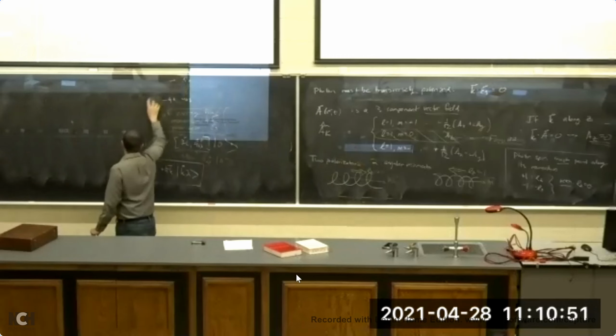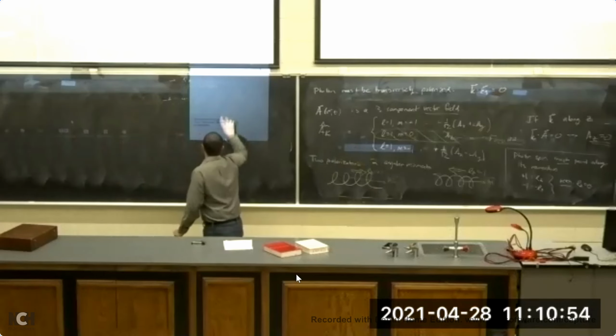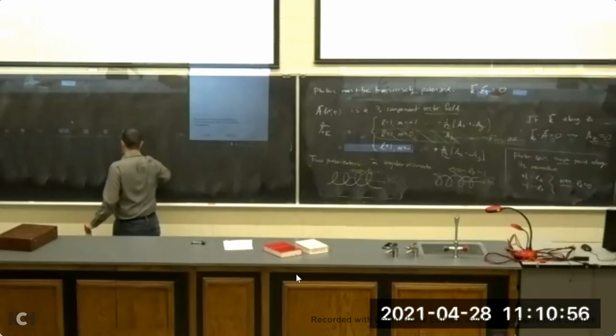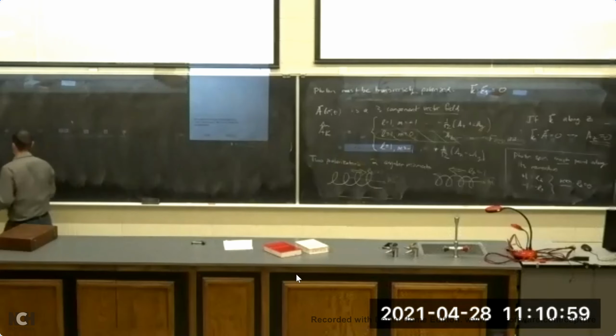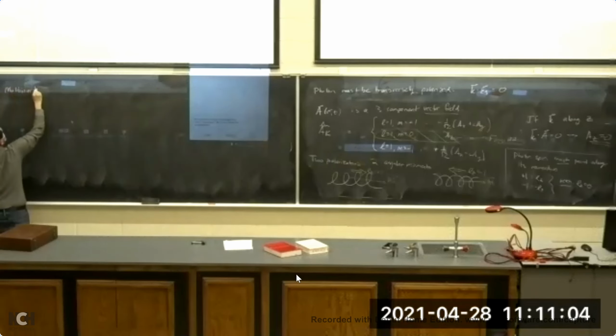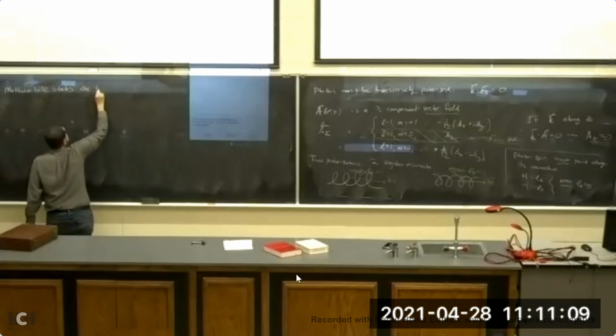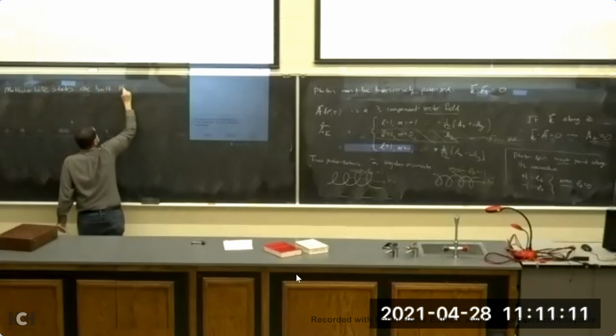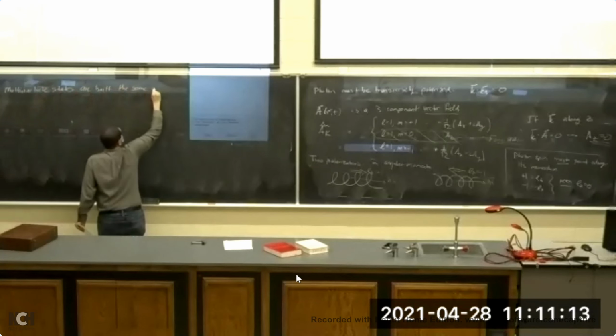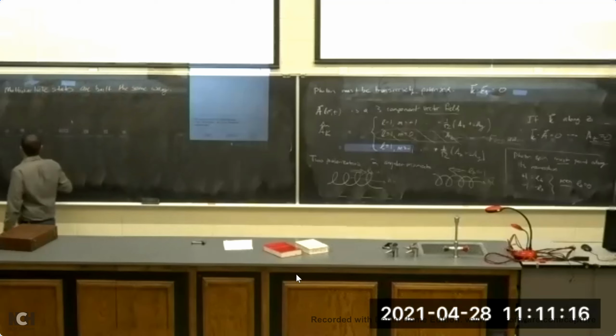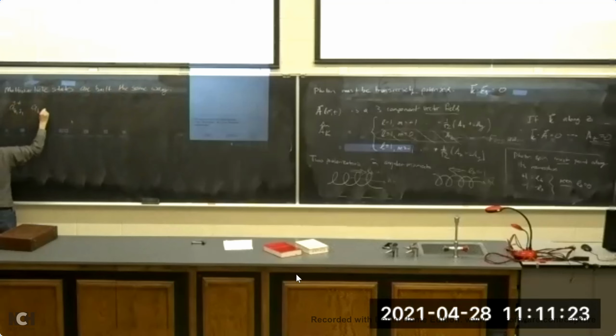The virtue of quantum field theory is that it gives you a framework to describe multi-particle states. Multi-particle states are built in exactly the same way. So I can define a two-photon state, A K1 lambda 1 dagger, acting on A K2 lambda 2 dagger, acting on the vacuum.